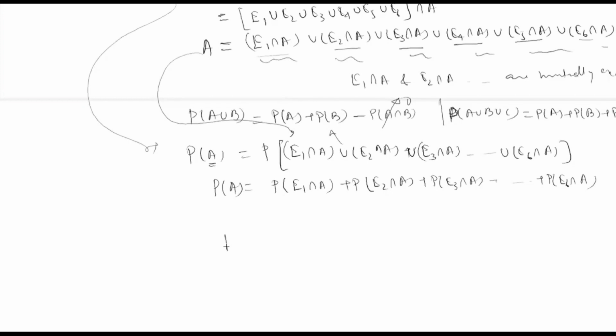Now, P of A given E1 would be equal to what? It will be equal to P of A intersection E1 upon P of E1.